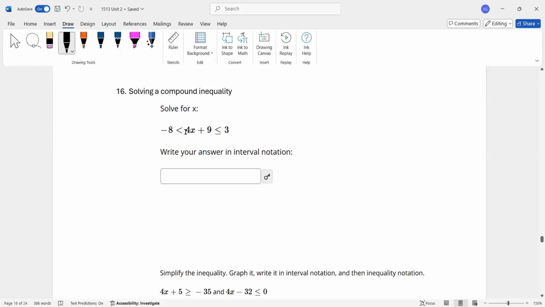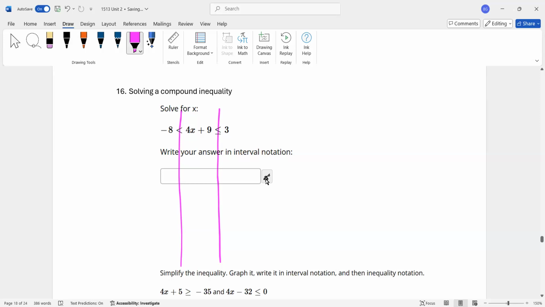This is the first type: -8 is less than 4x plus 9 and less than or equal to 3. So this is a compound inequality because it has three parts. I like to separate the inequality into parts.